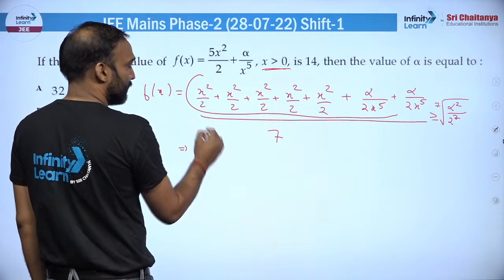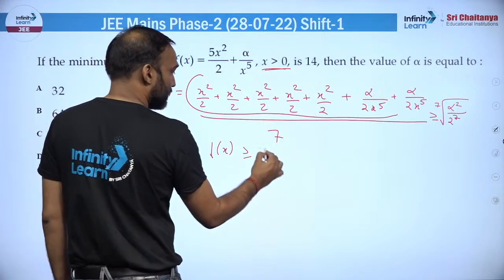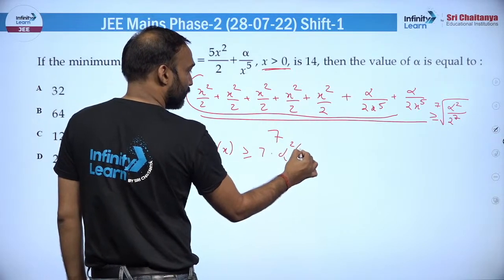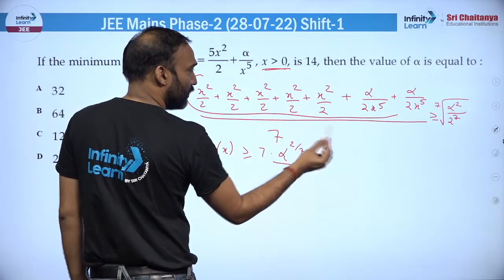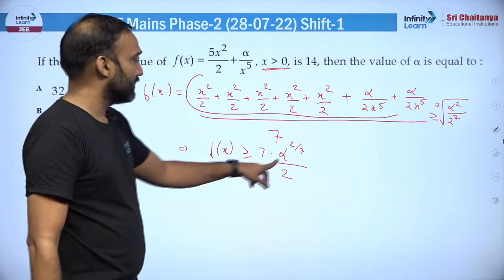And f(x) is larger than or equal to 7 into (α²/2⁷)^(1/7), and the 7th root of 2⁷ is 2. So f(x) is larger than or equal to this value.